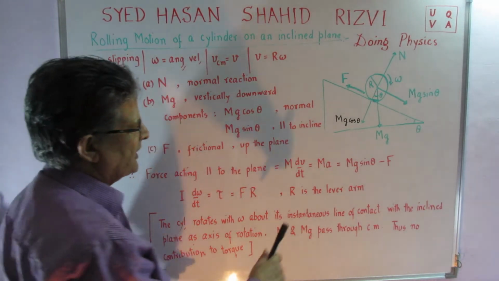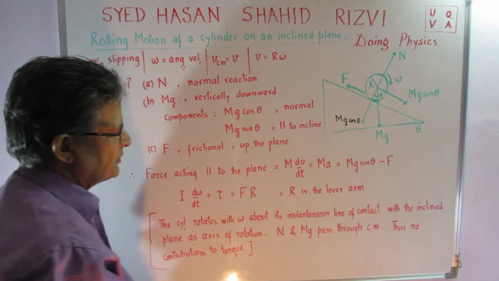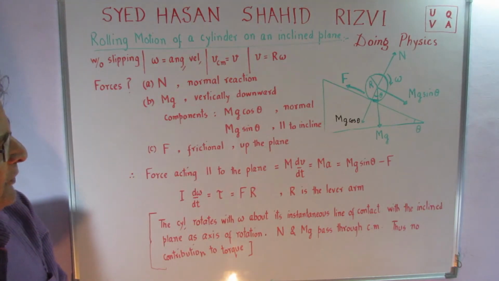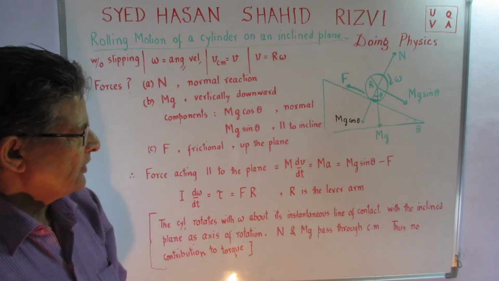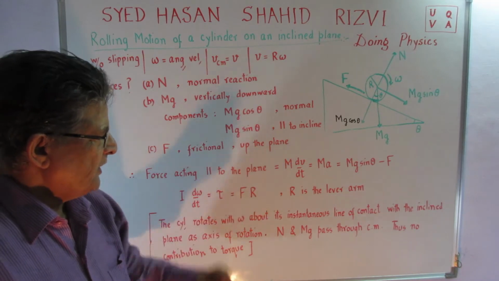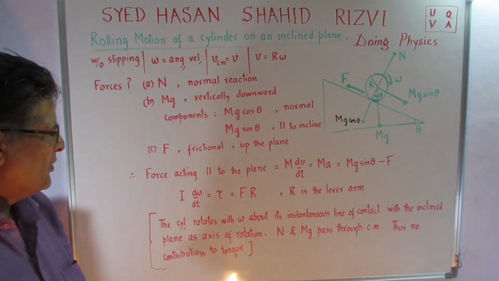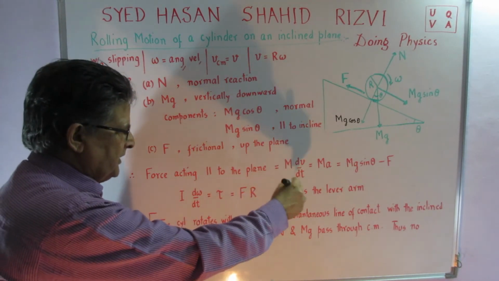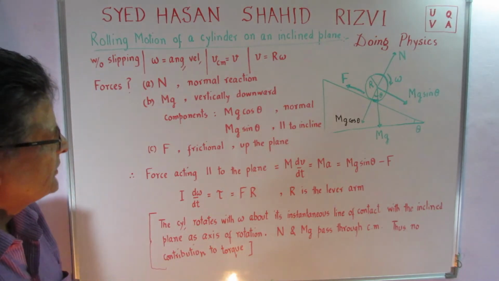One is mg sine of theta this way, and the other is F. So naturally, because the rolling takes place, mg sine of theta must be more than the frictional force F. And by Newton's second law, the net force acting parallel to the plane is m dv/dt, which is mass into acceleration.